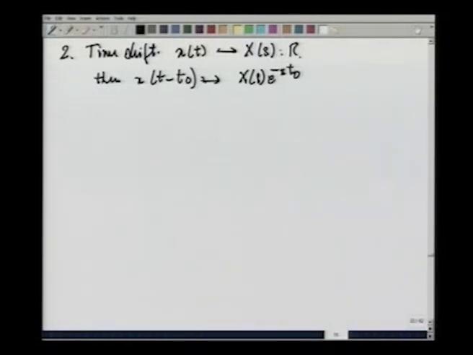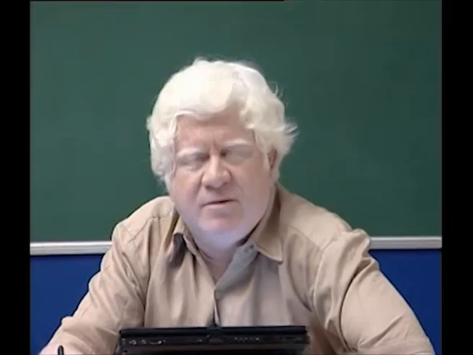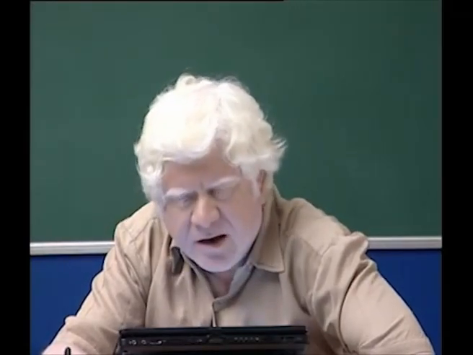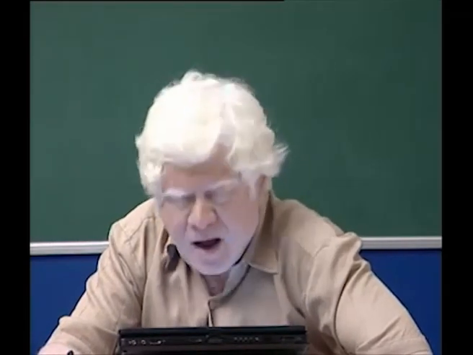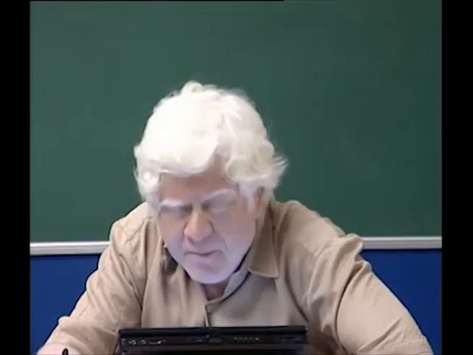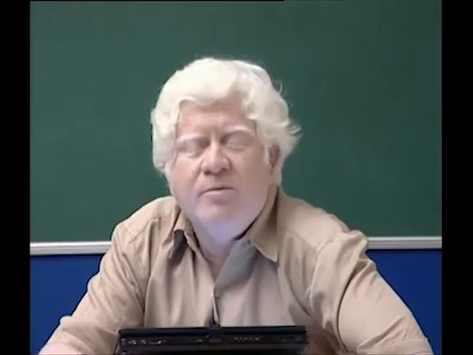The way you prove this is exactly the same way that we did for the continuous time Fourier transform. The steps are pretty much the same. We only have to worry about the ROC. Now, what can we say about the ROC here? You see, xs is known to converge over region R of the S plane, that is a set of points R on the S plane at which xs is finite. Now, we are multiplying xs by e to the minus s t naught.